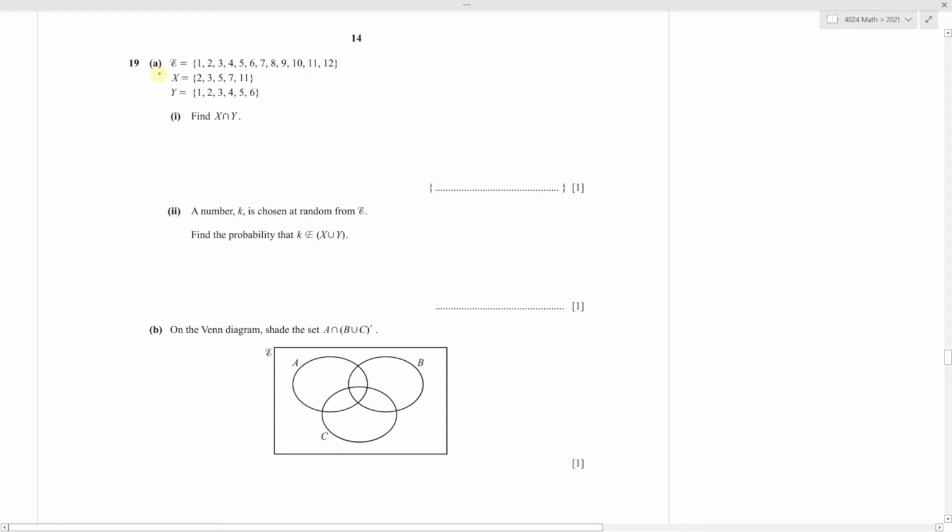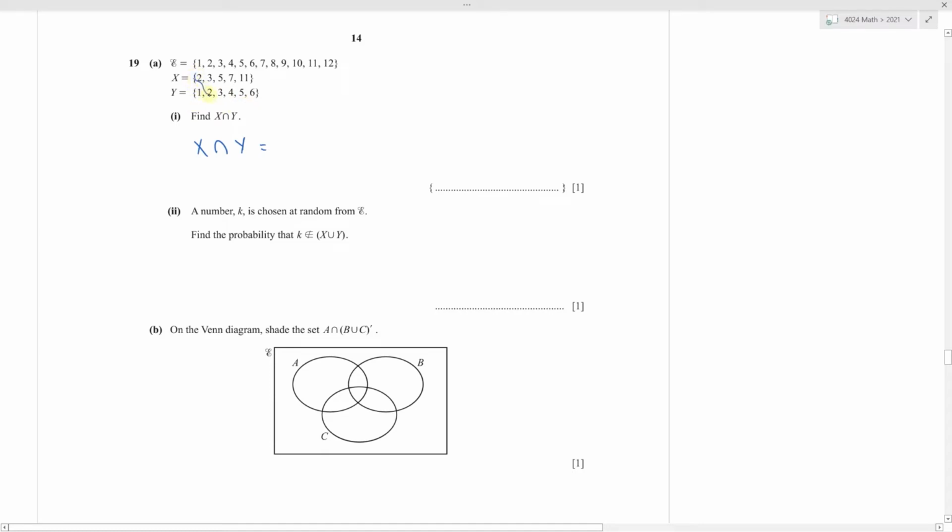Question number 19, part A, you're given a universal set and then set X and then set Y. Part 1 is find X intersection Y. So X intersection Y will be the elements that are common between X and Y, that are present in both set X and set Y. If you look at these, they are in ascending order. So 1 is not present.